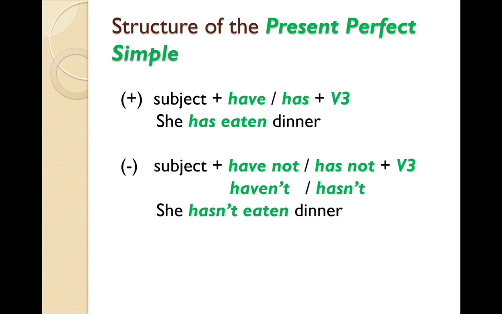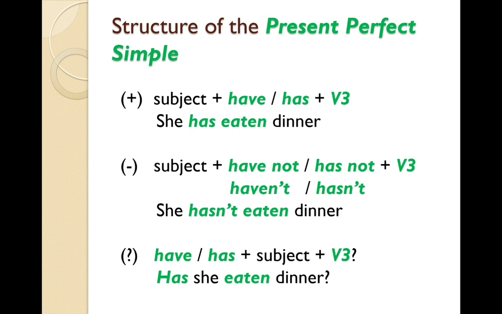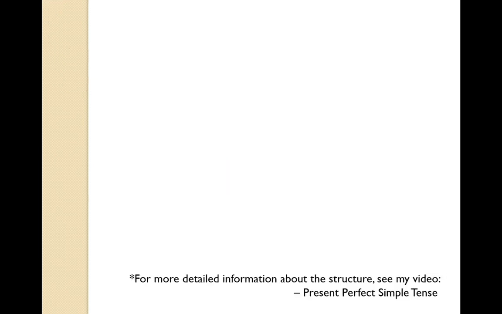She hasn't eaten dinner. For questions, we start with have or has, plus the subject, plus verb 3. Has she eaten dinner? If you'd like more information on the structure of the present perfect tense, then see my video, Present Perfect Simple Tense.